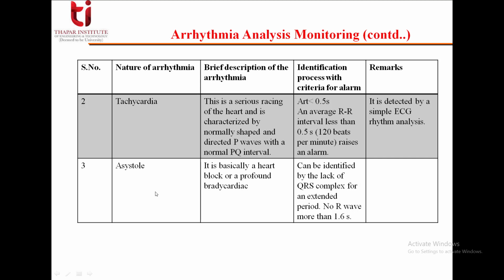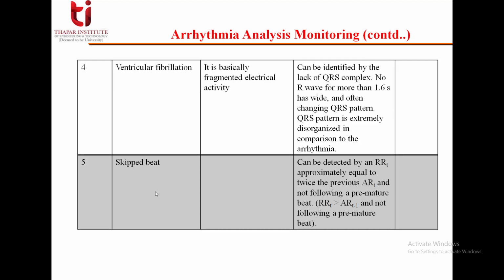Now the next type is asystole. It is basically a heart block or a profound bradycardia. This can be identified by the lack of QRS complex for an extended period. No R wave in this is more than 1.6 seconds. Now the next is ventricular fibrillation.